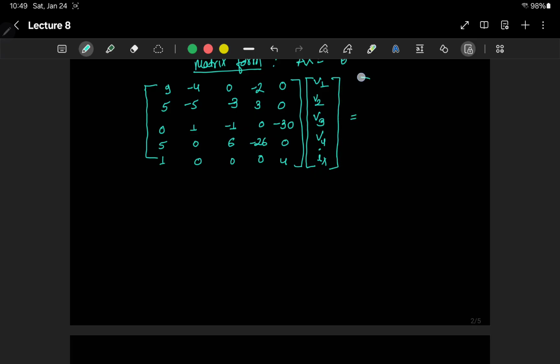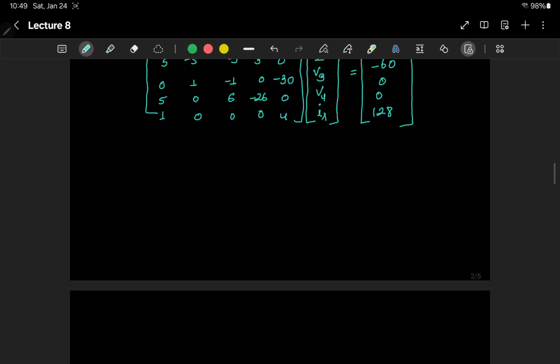You write the value on the other side. So 384 from first equation, minus 60, 0, 0, and 128 from fourth equation. So you can solve this equation to get the values.